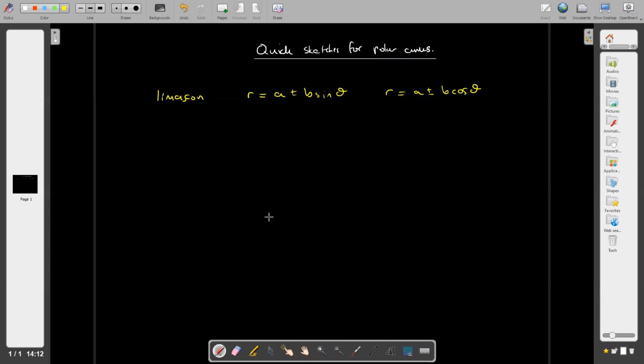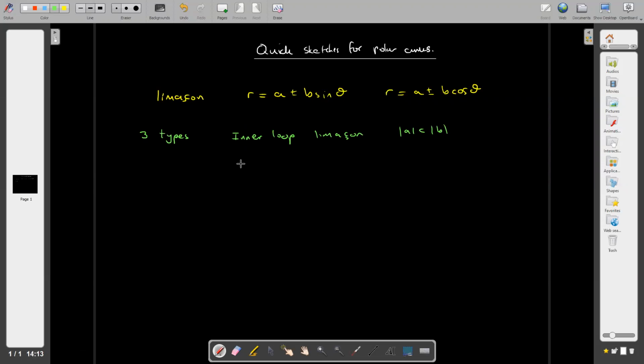A couple of things. There are three types. There's the inner loop limacon. Inner loops will happen when the modulus of a is less than the modulus of b.